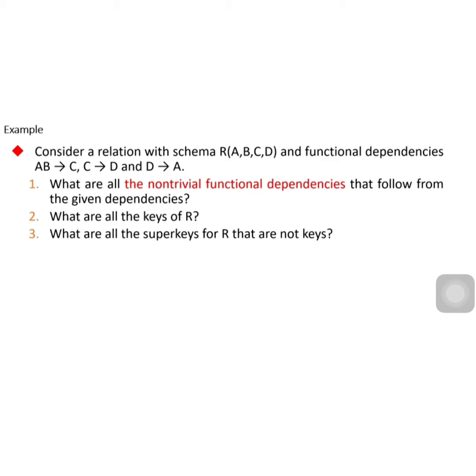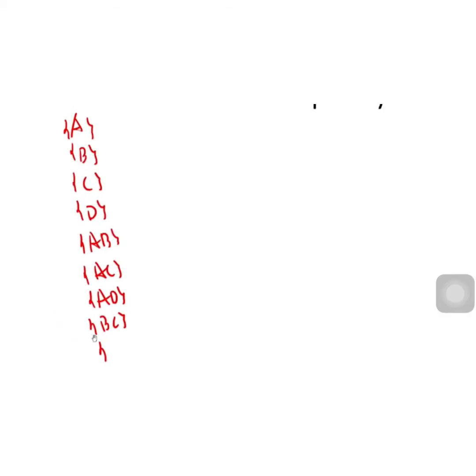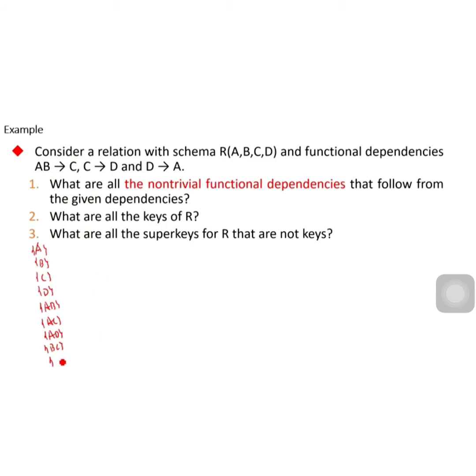There are 4 attributes, so the combinations are A, B, C, D, AB, AC, AD, BC, BD, CD, ABC, ABD, ACD, BCD, and ABCD.